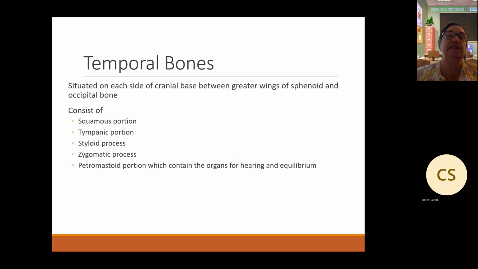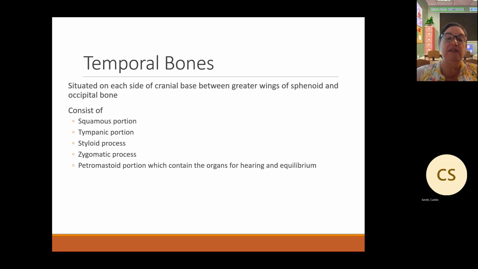Some places they'll only break it into 3, but the squamous portion, the tympanic portion, the styloid process, it has a zygomatic process, which meets up with the zygoma, which is a facial bone, to form your cheeks, and the petromastoid portion, which contains the organs of hearing and equilibrium.